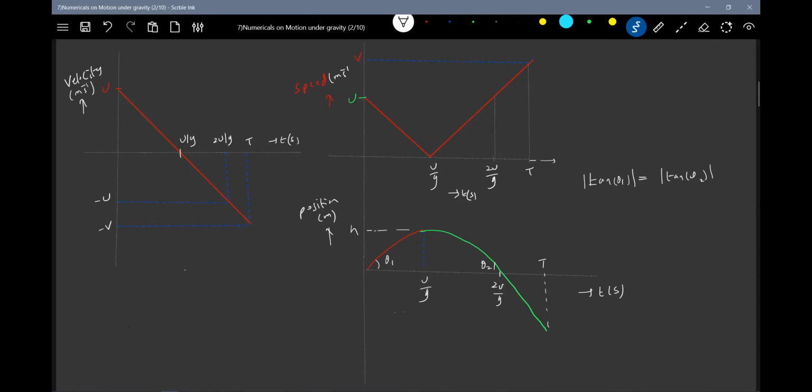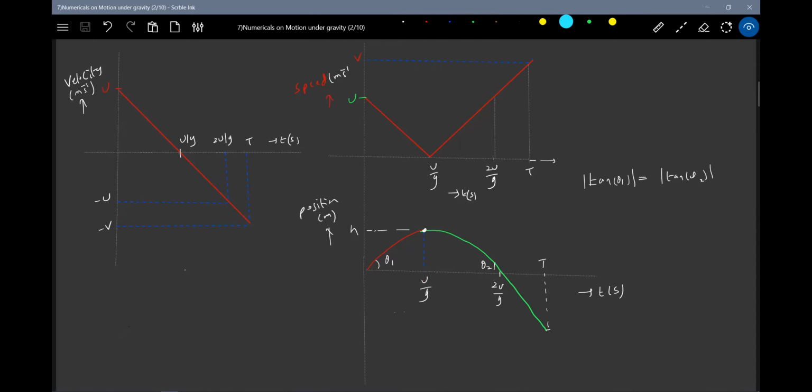The velocity, speed, and position graphs are given by this particular graph I'm displaying here. Now, what should be the slope? Slope at this point should be 0, no? Because it is at the highest point, from the tower. It comes to instantaneous rest here. So therefore the slope should be 0 here.